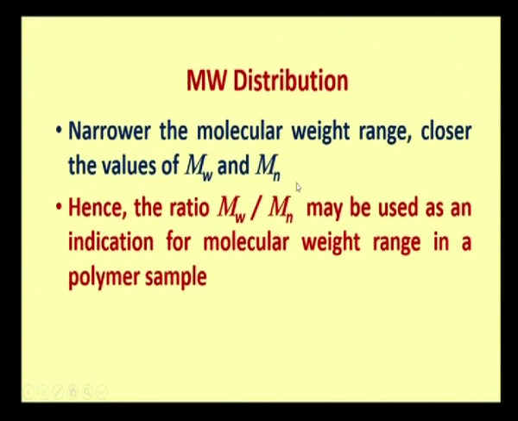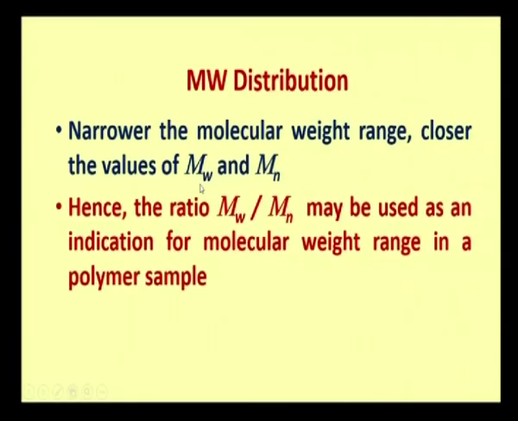That is, when we say there is a closeness between the values of MW bar and MN bar, that means the number average and the weight average molecular weights are very close to each other only when the range of distribution of the molecular weight is narrower, or the molecular weights of the different polymer chains available in the same polymer sample are very close to each other, then you can expect the MW average molecular weight and the MN average molecular weight to be as close as possible to each other.